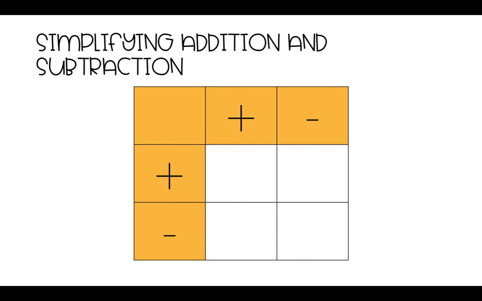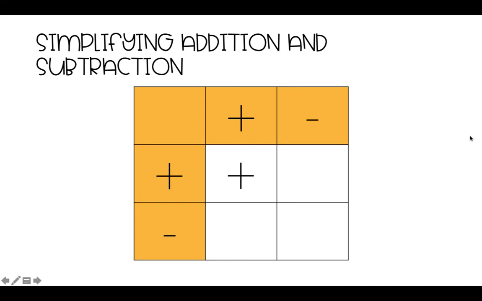Okay, now we can simplify our addition and subtraction signs when we have two repeated symbols. For example, 3 plus positive 8, we can simplify that down to make those two symbols into one so that it's easier to work with. So when we have two addition symbols, we replace that with just the single addition symbol.